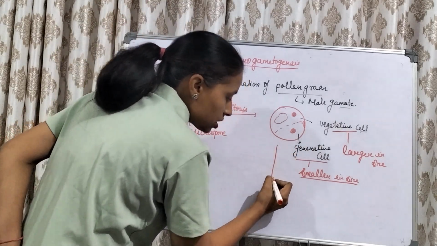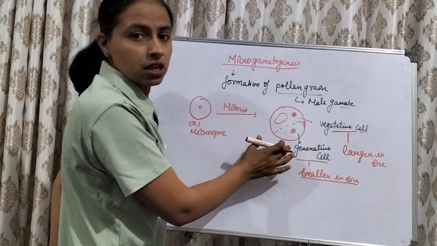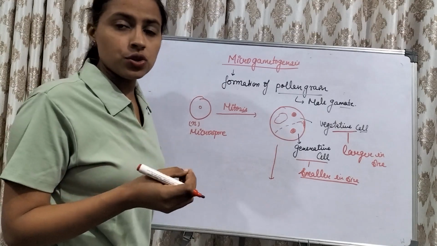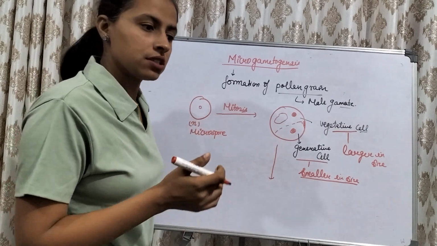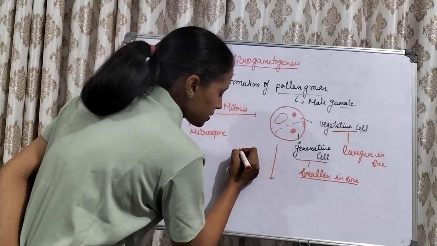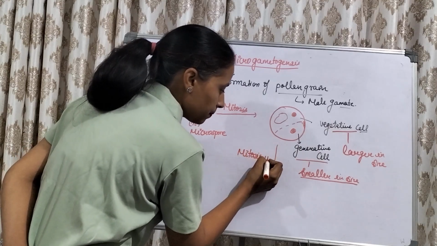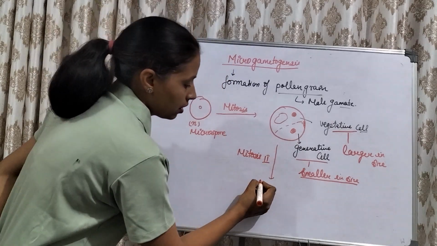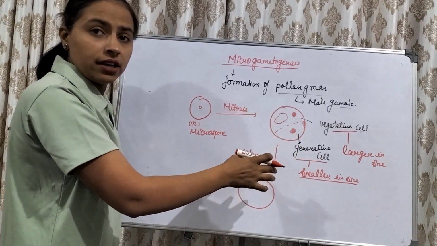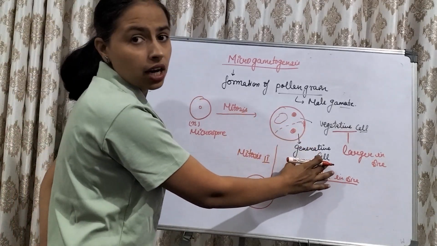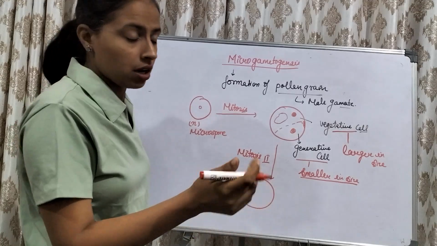In 60% of angiosperms, two-celled pollen grains are present, and in 40% of angiosperms, tricellular pollen grains are present. For tricellular, a second mitotic division occurs. The germinative cell divides before the pollen grains are shed on the stigma.